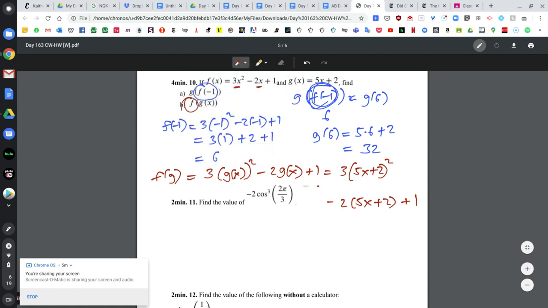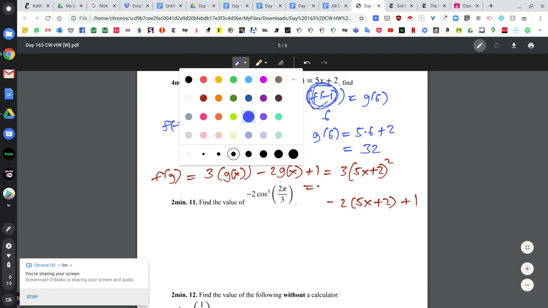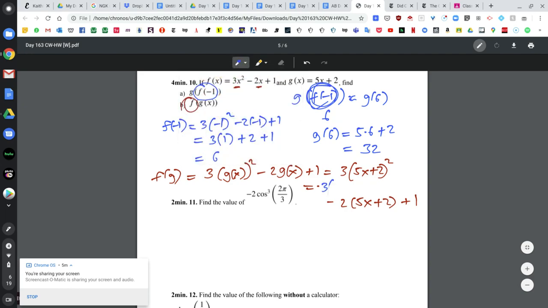So the (5x plus 2) whole squared is 5x times 5x, which is 25x squared. 5 times 2 is 10, times 2 is 20, you write down the letter, which is x. 2 squared, 2 times 2, which is 4. You can distribute, which gives you 75x squared. And then 3 times 20x is 60x. 3 times 4 is 12. Minus 10x minus 4, distribute the negative 2, and then plus 1.